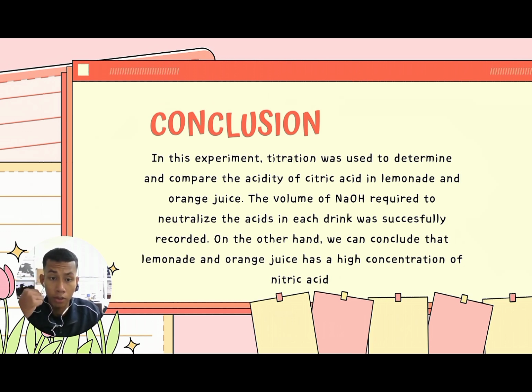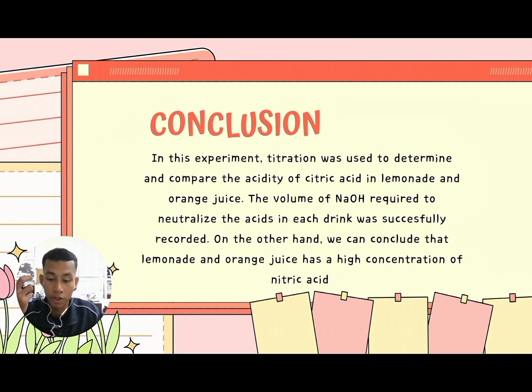On the other hand, we can conclude that lemonade and orange juice have a high concentration of citric acid. The results showed that lemonade and orange juice required more NaOH to reach the endpoint, indicating that lemonade and orange juice have a higher acid content.